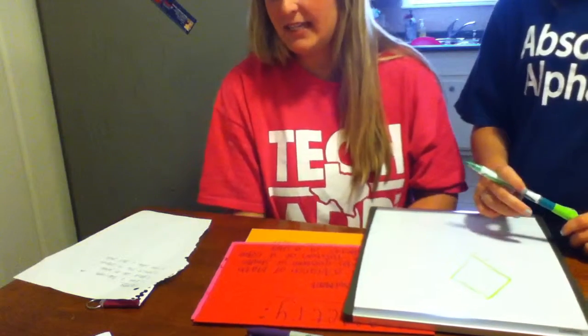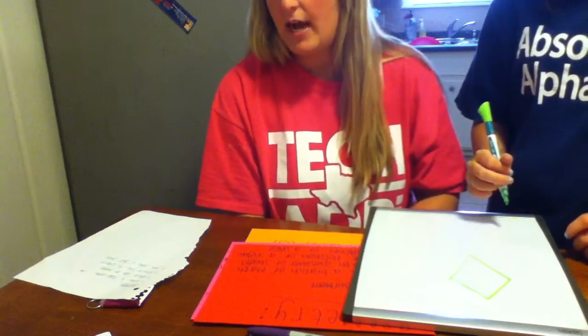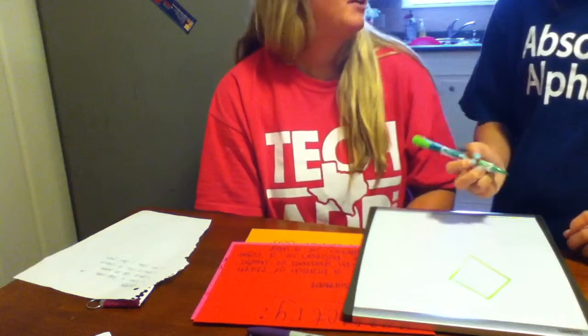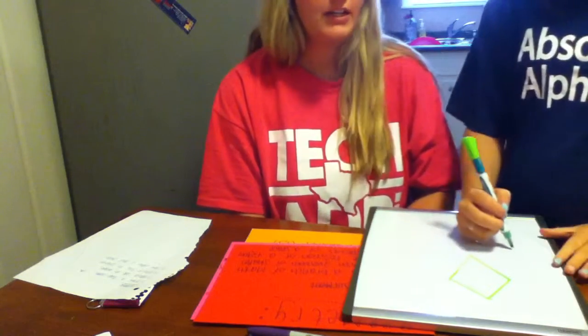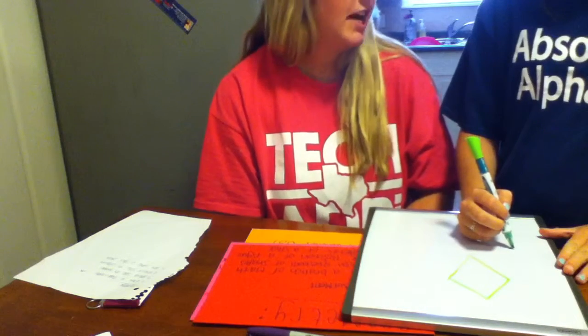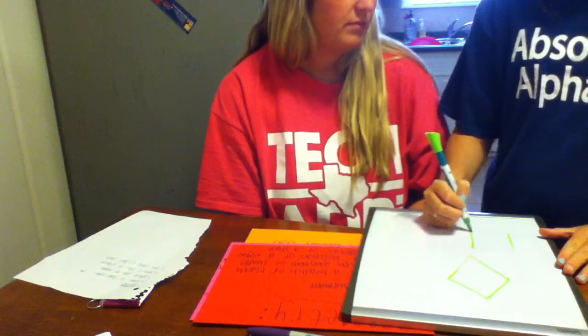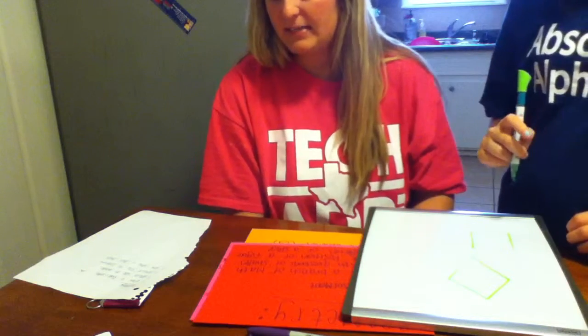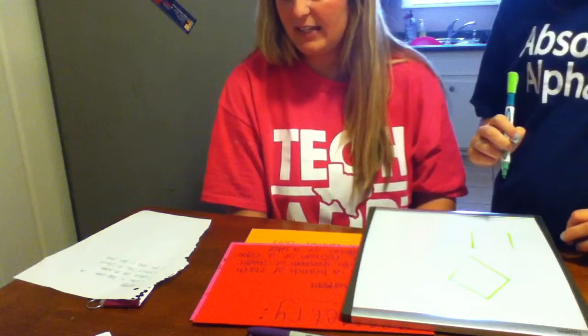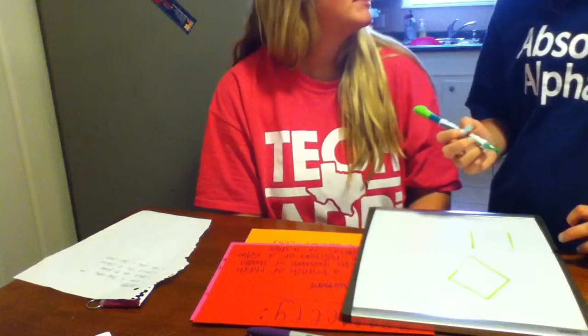But my 2nd step is the opposite sides are parallel. So that means that opposite sides can run side by side and never touch. So like a square. Okay, a square. And that my opposite sides are congruent.